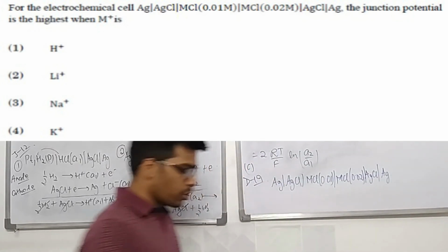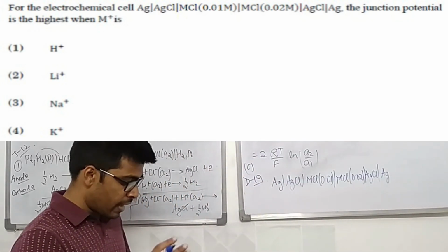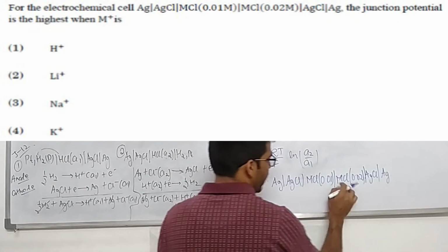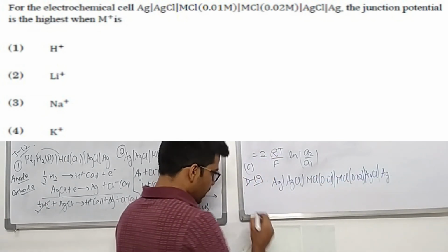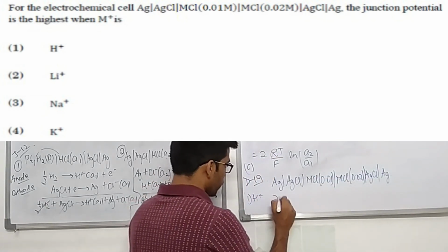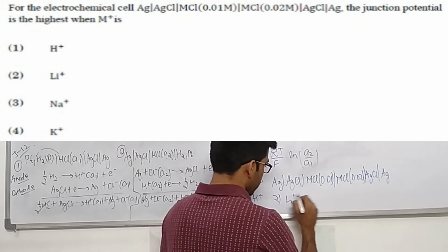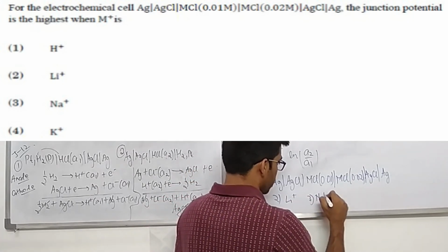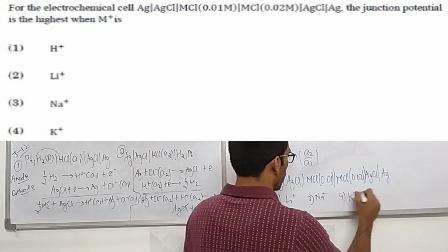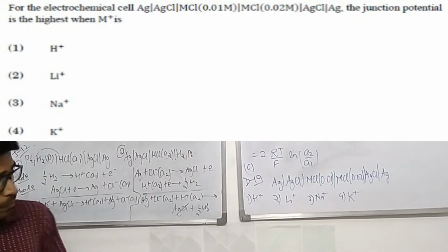They are asking the junction potential is the highest when M plus is, that means which ion they are asking. Now the options they have given are H plus, Li plus, Na plus, and K plus. That means all group 1 cations.